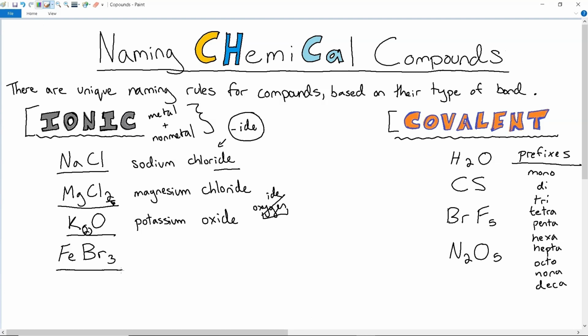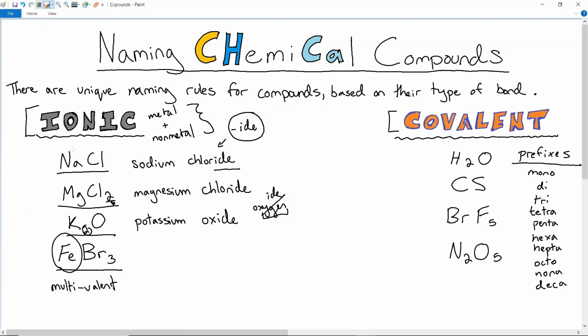Finally, last example down here, we have iron and bromine, but there is something special about iron, and that is it is multivalent. And what that means is it can have a couple of different charges depending on what atom it's bonded to.